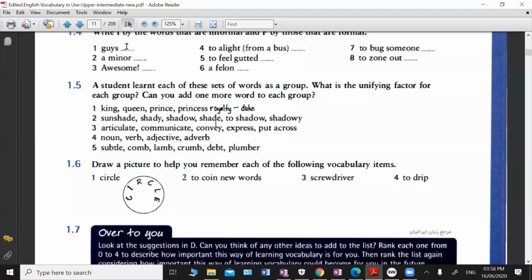Number 5: settle, calm, lamb, crumb, debt, plumber. Now, in these words, certain letters are silent. Like settle, silent; calm, silent; lamb, silent; crumb, silent; debt, silent; plumber, silent.